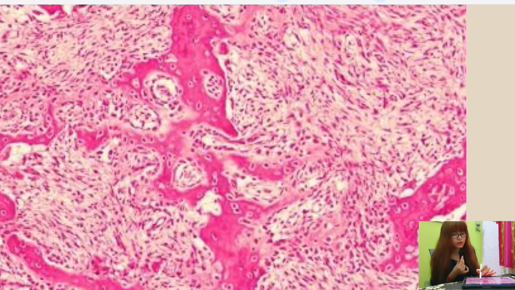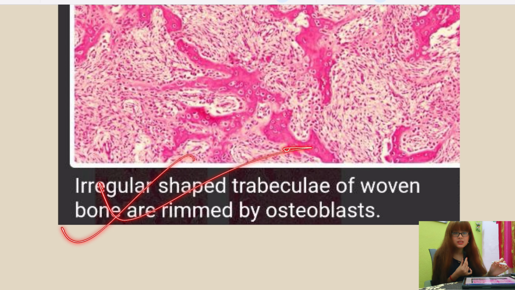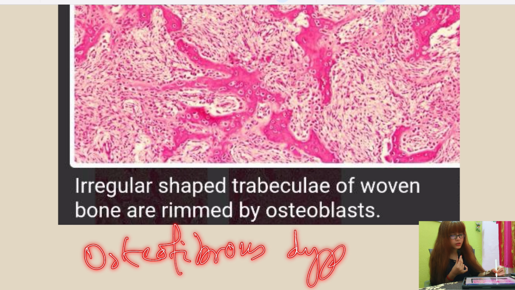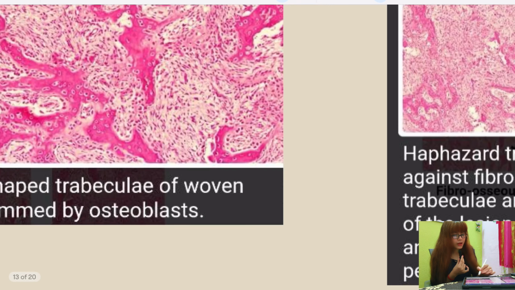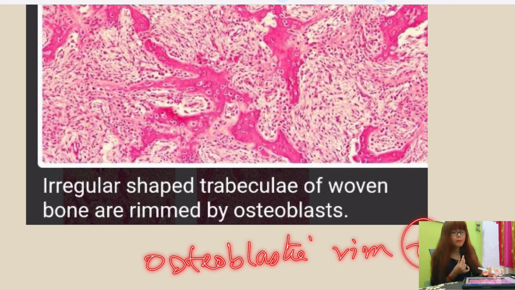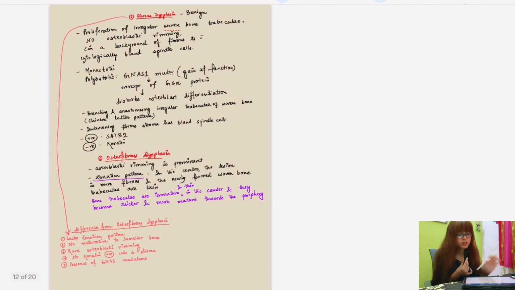No, but you can see it over here that this beautiful lining is present. So this is osteofibrous dysplasia. In osteofibrous dysplasia, you have this osteoblastic rimming present, but in fibrous dysplasia it is absent. This is the most important differentiating point.